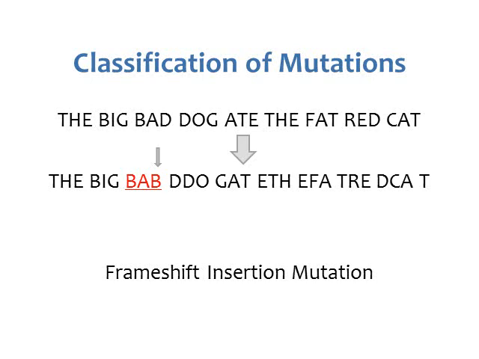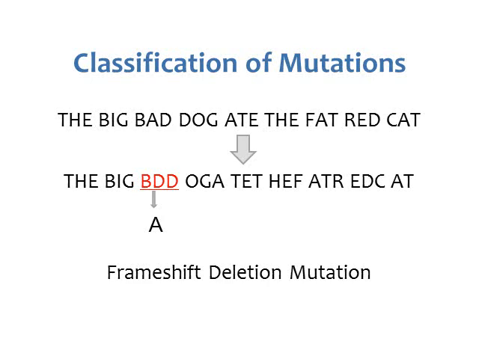So we have an insertion, and then it shifts all of your codons. So now we have the big, bab, ddo, gat, tray to cat. So it's called a frame shift because you just move everything down one, and then it no longer makes sense.